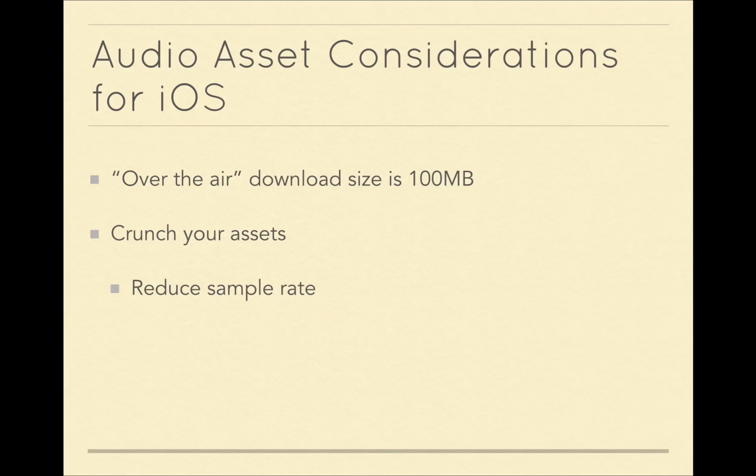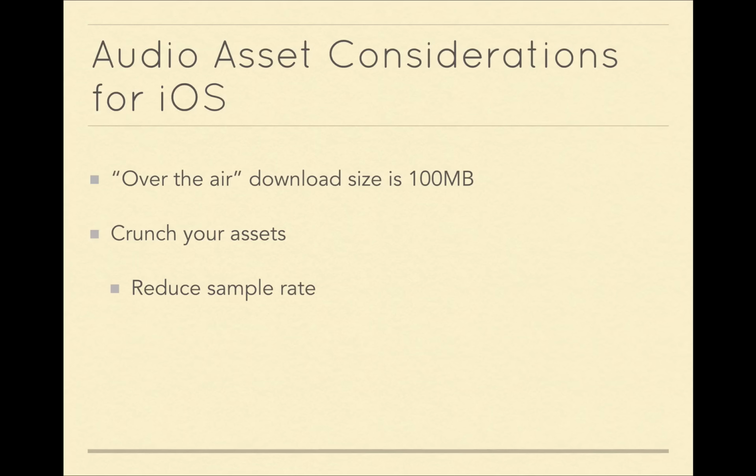So that kind of wastes some space because your average human hearing range is 20 hertz to 20 kilohertz. If you're lucky, if you've been to rock concerts in your teens, then it's probably more like 18 kilohertz at the top.